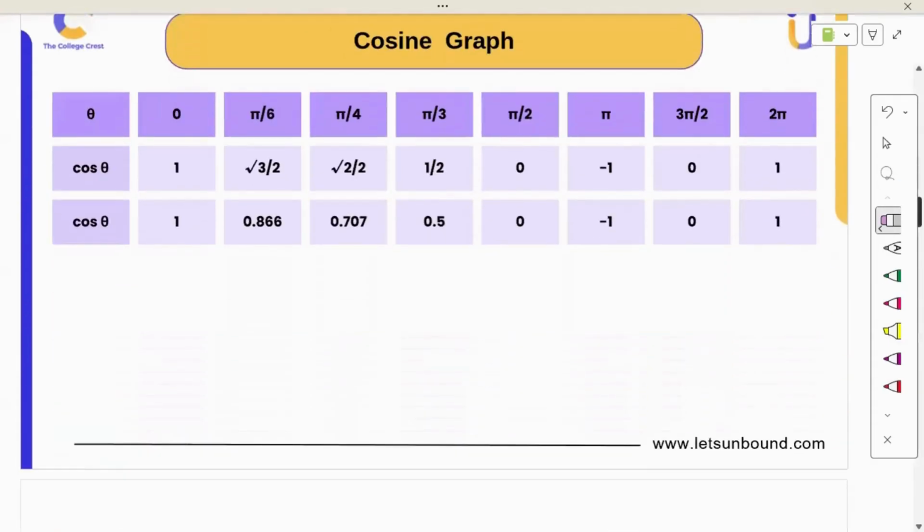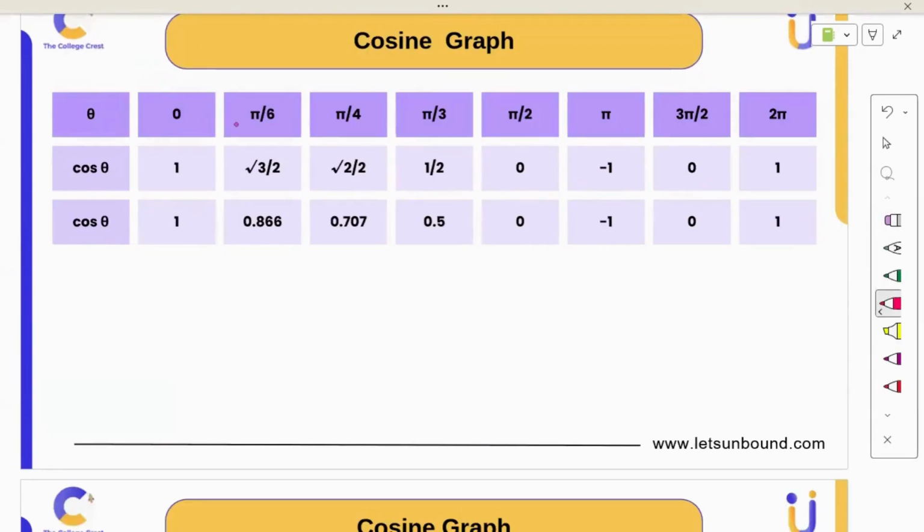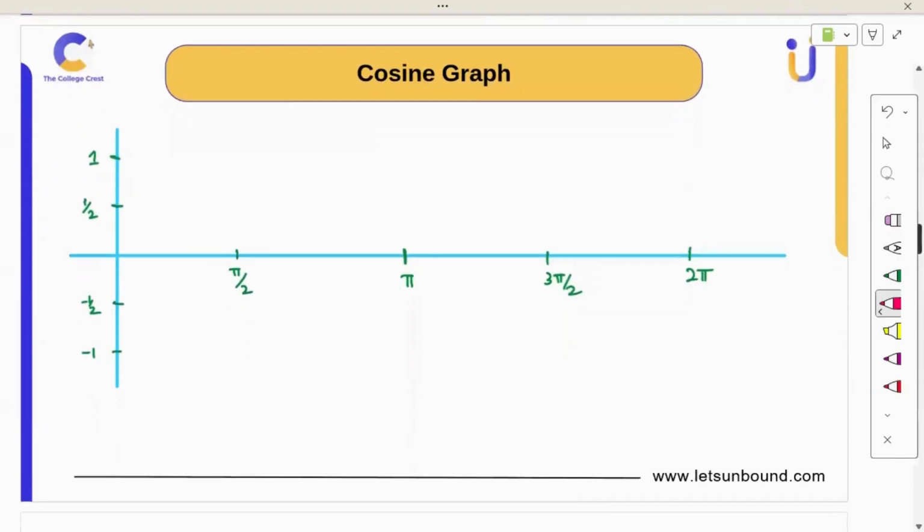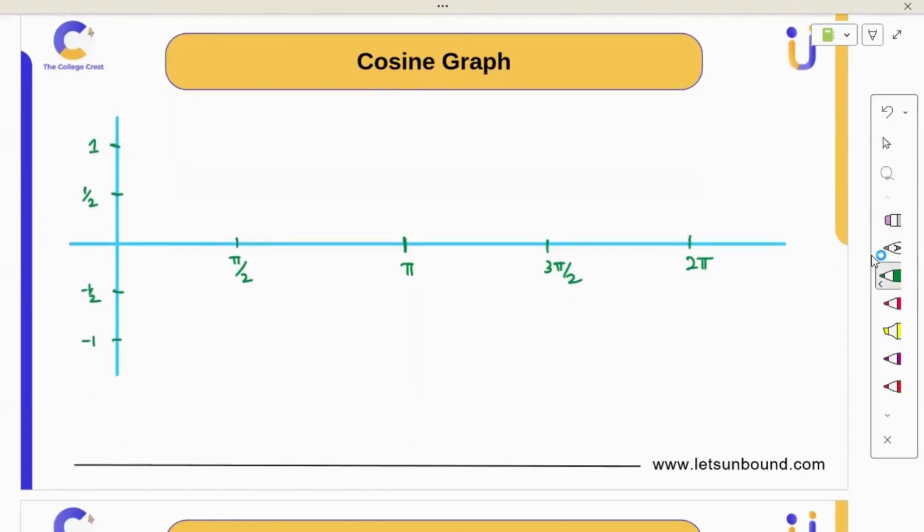Now, the cosine graph. I listed some important values of cos theta and approximated them, but I'm going to pick main values like 0, pi by 2, pi, 3 pi by 2, 2 pi. That will give a good, decent sketch of it. Here in the cosine graph, cos will start from 1. It will not start from 0, because cos 0 is 1.